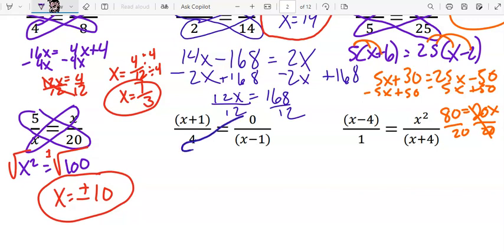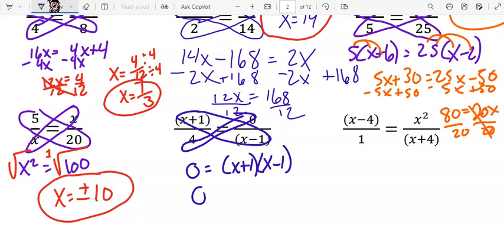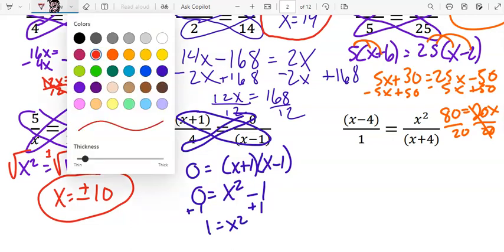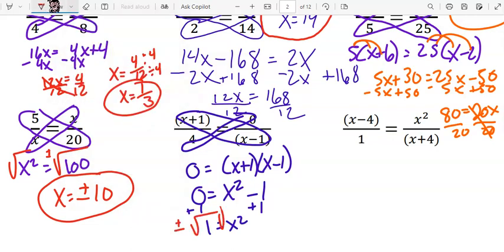Okay, we'll cross multiply these. 0 equals x plus 1 times x minus 1. 0 equals x squared minus 1. Add 1 to each side. Take the square root. x equals plus or minus 1.